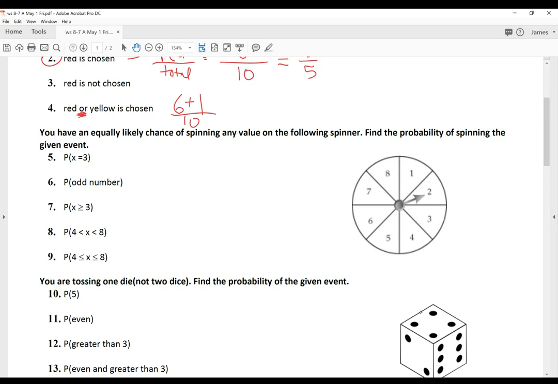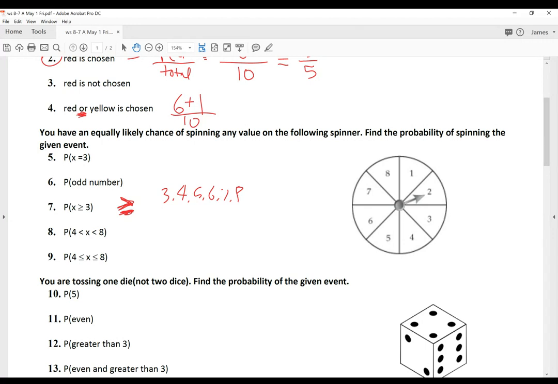So that includes 3 because of the bar. Without a bar, you have to start with 4, but with the equal sign, you could start with 3. So 3 and 4 is bigger, and 5, 6, 7, 8. Those are the possible ways to get something bigger than or equal to 3.